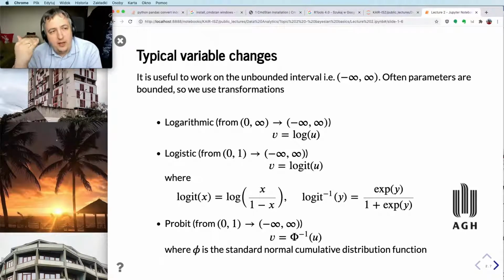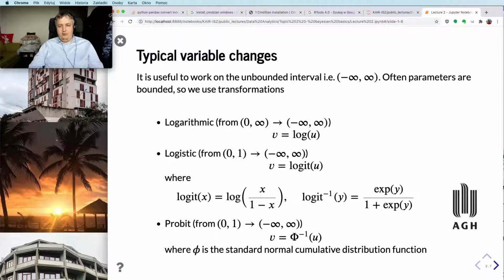When we have aspects from bounded intervals like 0 to 1, or generally bounded, very useful is the logistic transformation. The logistic transformation allows us to transform from 0 to 1 to minus plus infinity, or, using the inverse logit transform, inversely.